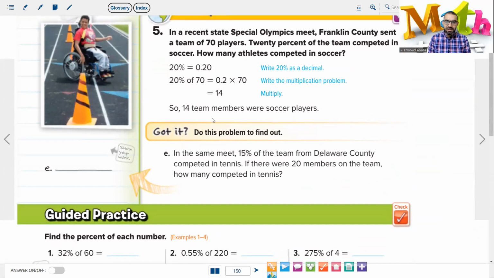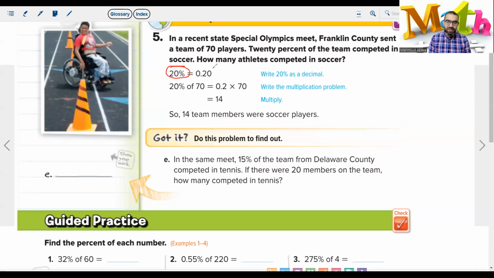How many athletes competed in soccer? So the whole problem is we need to know what's 20% of 70. As you know, 20% is 0.2, and 0.2 times 70 will give you 14. So 14 team members were soccer players.